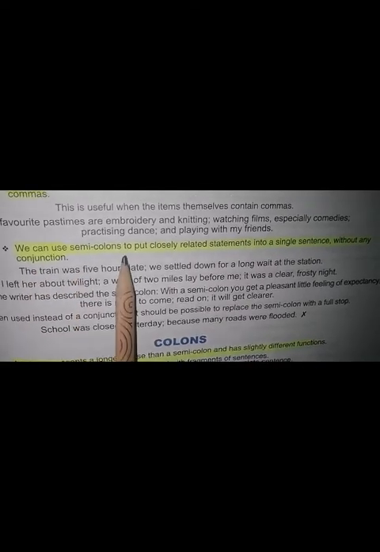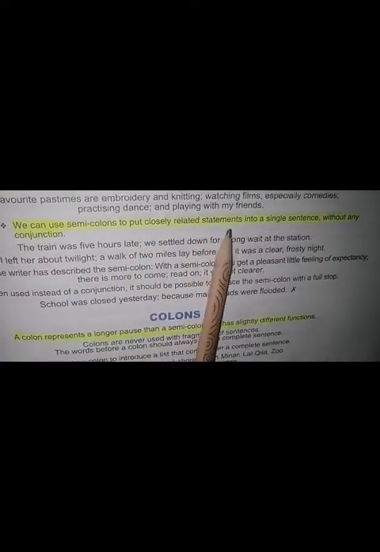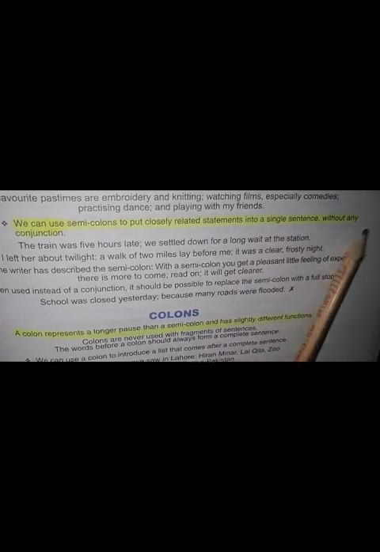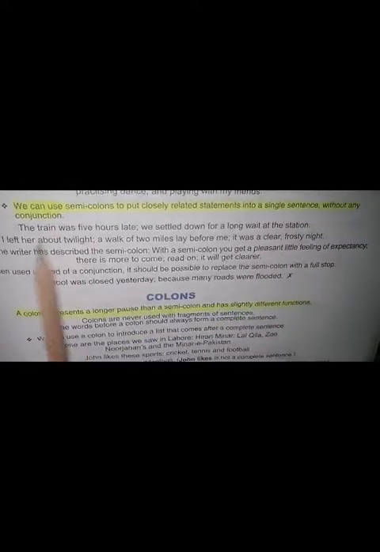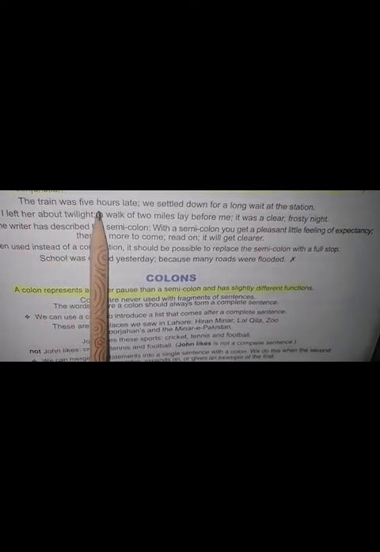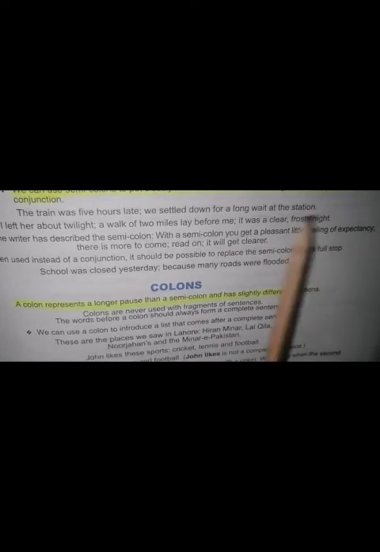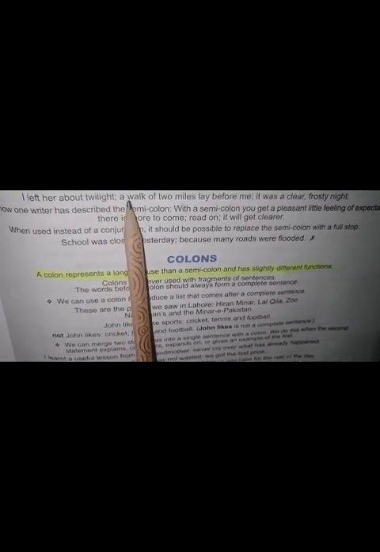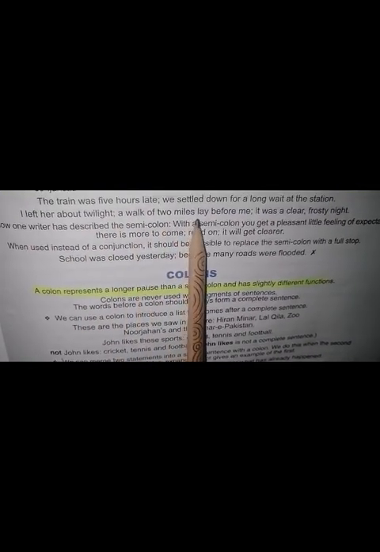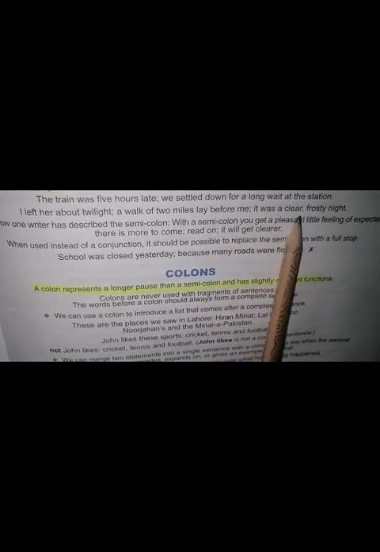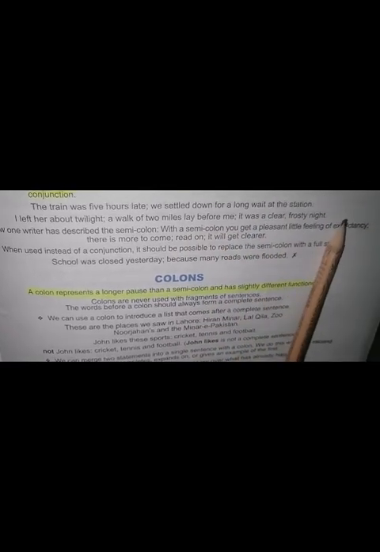We can use semicolons to put closely related statements into a single sentence without any conjunction. For example, the train was 5 hours late; we settled down for a long wait at the station. I left her about twilight; a walk of 2 miles lay before me; it was a clear, frosty night.